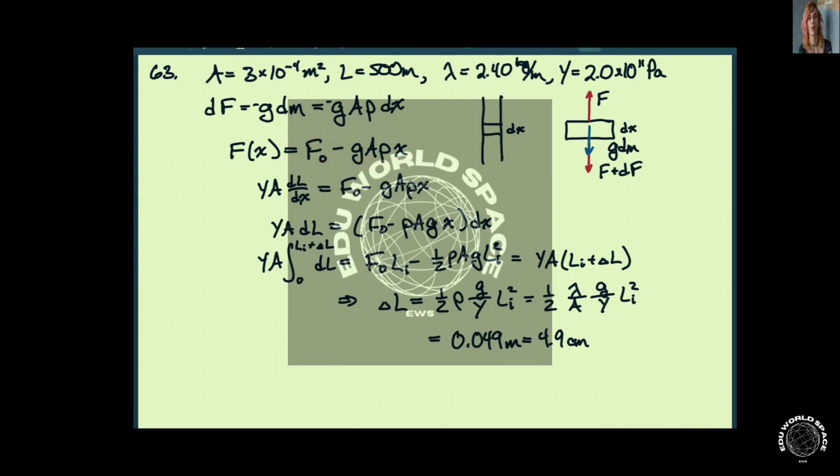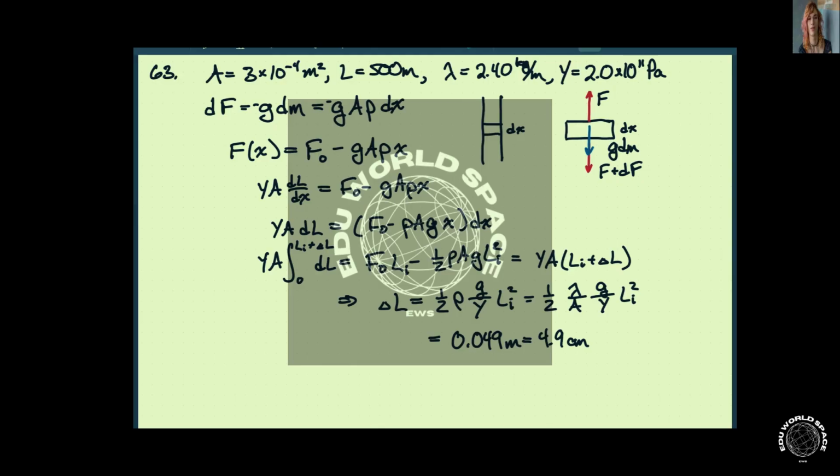So what we can see here is that F is the force. The force is the stress times the cross-sectional area, and the stress is the Young's modulus times the strain, which is dL/dx.